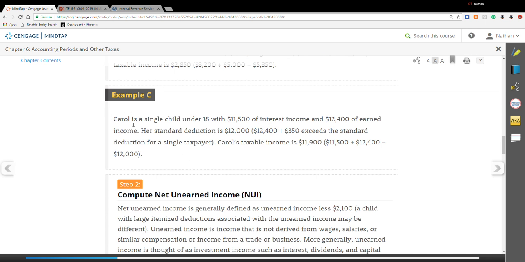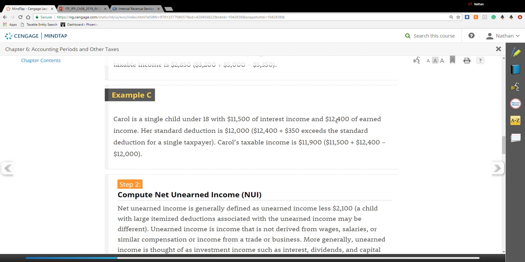Here we have a single child under 18 with 11,500 of interest income and 12,400 of earned income. The standard deduction is 12,000. 12,400 plus 350 exceeds the standard deduction for a single taxpayer. So when it exceeds the single taxpayer amount, we can only take the 12,000 standard.